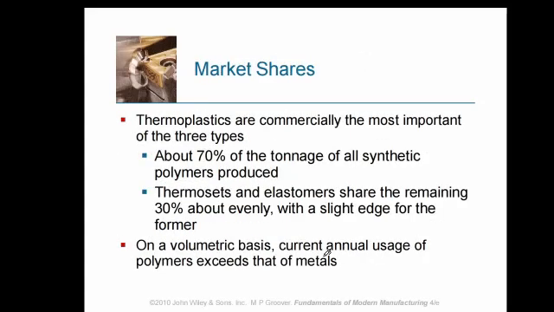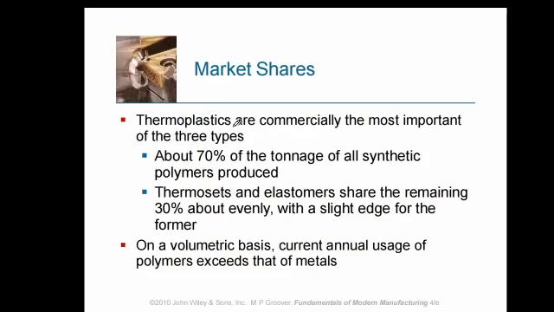Generally, in terms of market share, the thermoplastics are commercially the most important of the three types. So you find most products are made of thermoplastic, with about 70% of all synthetic polymers being thermoplastics. Then thermosets and elastomers, they share the remaining 30% market share, with elastomers being slightly above thermosets.